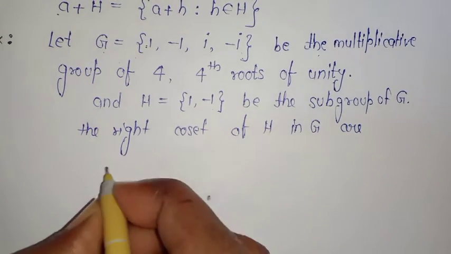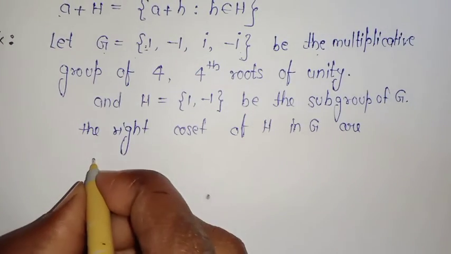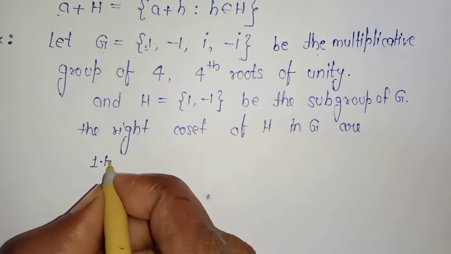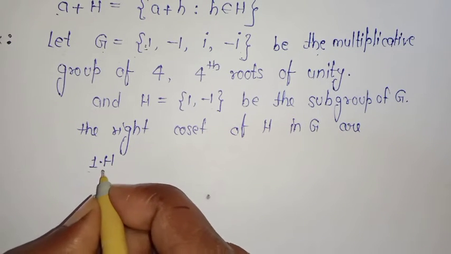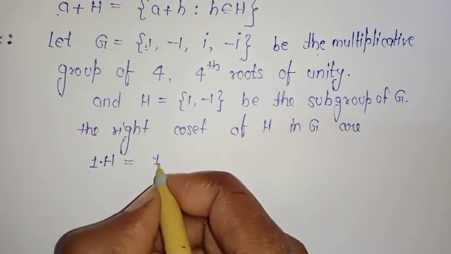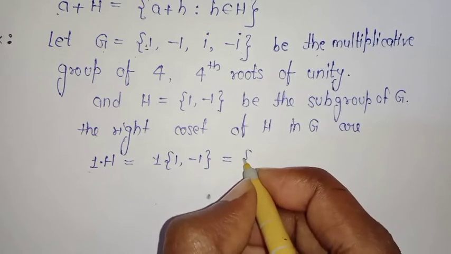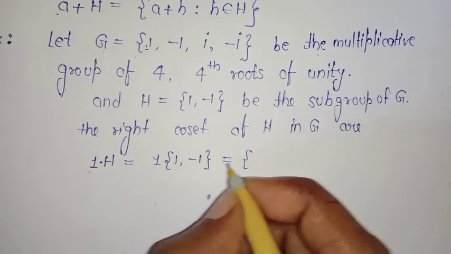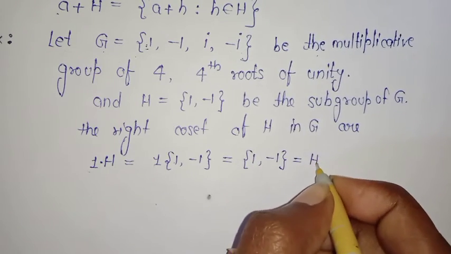So I am taking a as 1 because 1 is an element of the group G, so 1 dot H, and this is the left coset because I am multiplying the element 1 at the left of the subgroup H. So what does it give? 1 of 1, minus 1. If we multiply 1 by 1 and 1 by minus 1, we get again 1, minus 1. So this is equal to H.